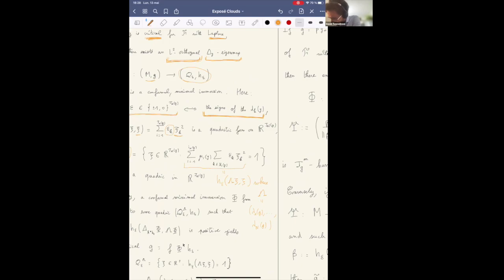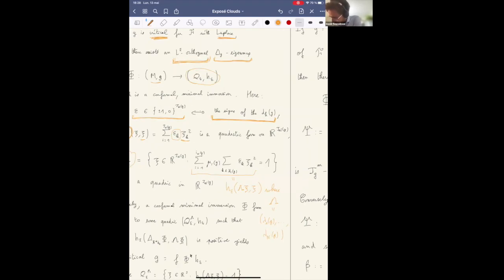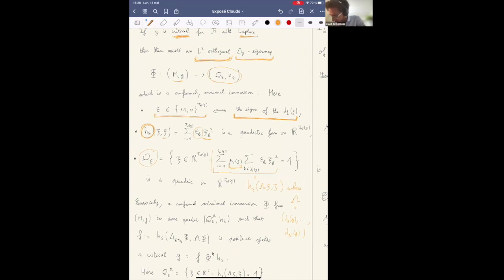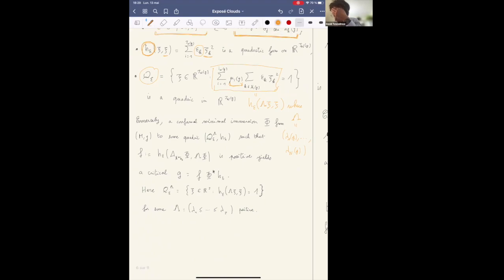Some of these lambdas are equal to one another, all equal to some mu i, and that's why we obtain this form of the expression H epsilon lambda c. So this extends the previous result by Romain in the Laplace case.